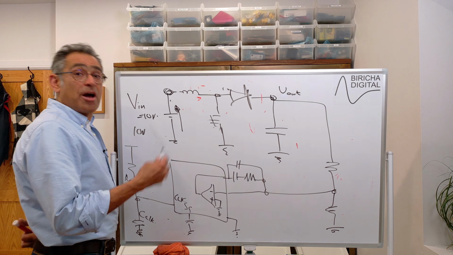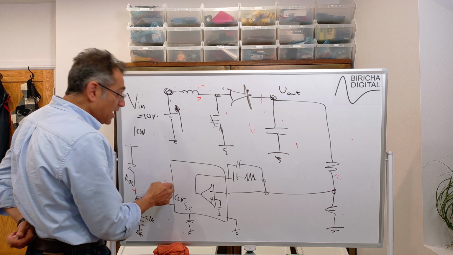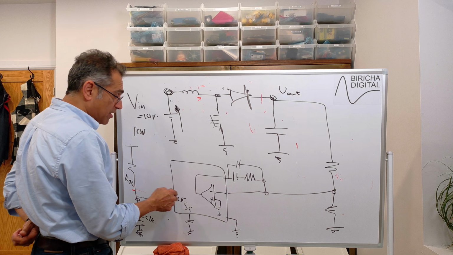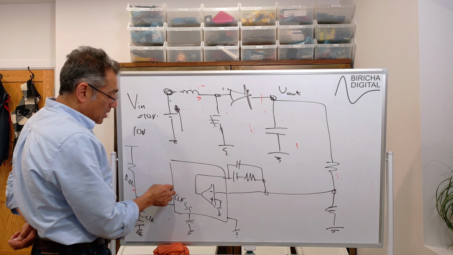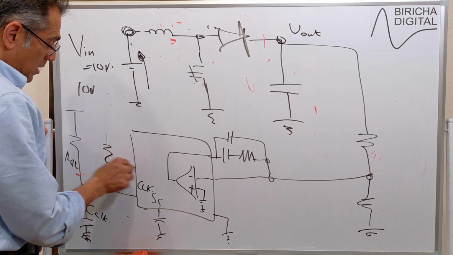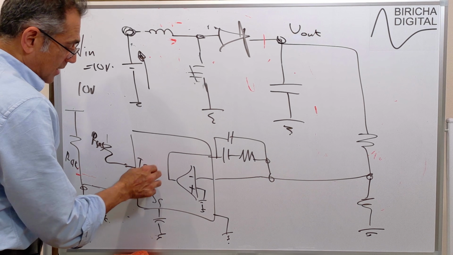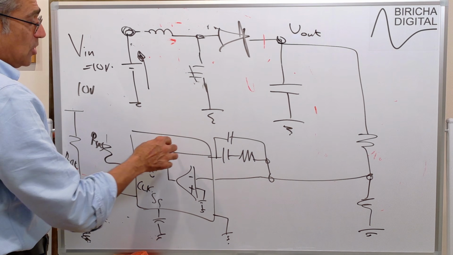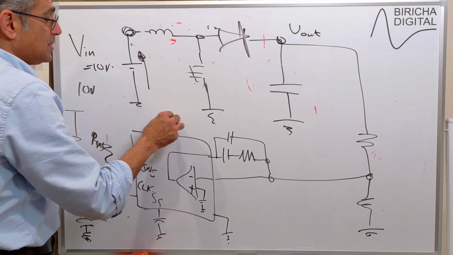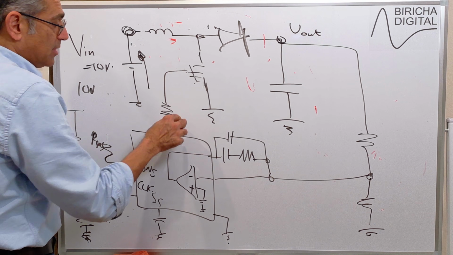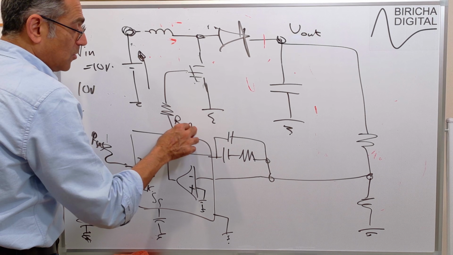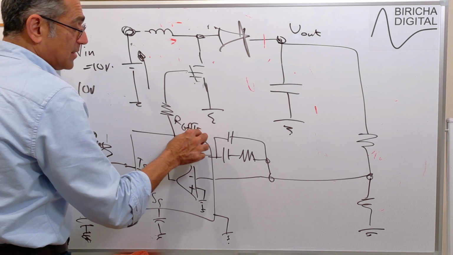Then we will have some current sensing in order to trip for overcurrent, usually with a sense resistor. Let's call this R sense. That goes to I sense. The output of the chip will be the PWM, which typically goes through a gate resistor, R gate. Again, we will discuss how you size this in the workshop.